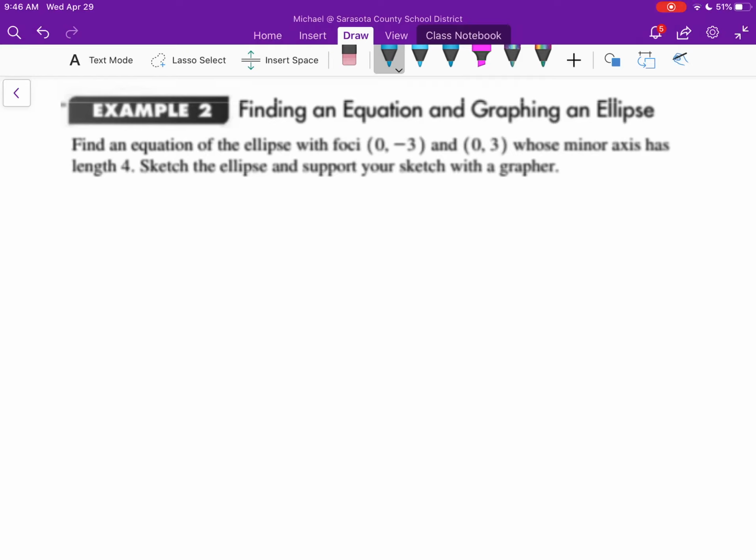You know that because both of the x-coordinates are 0 for the foci, and they are both a distance of 3 away. That means they are on the y-axis, and they are both the same distance of 3 away from the origin. If I'm sketching this out, I have a point at (0, 3) and a point at (0, -3).